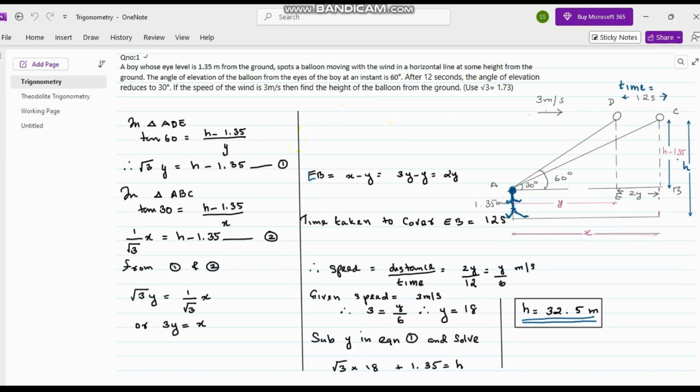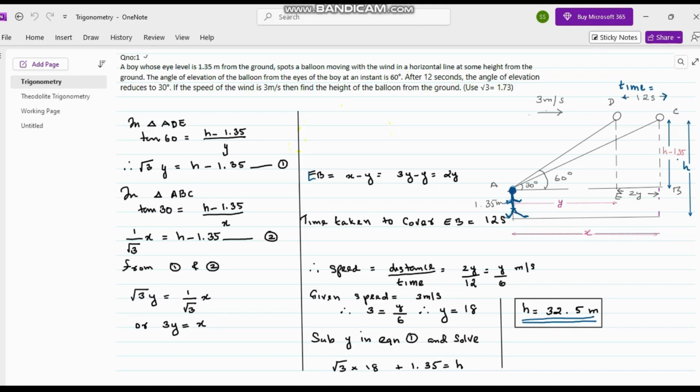We can see that the angle of elevation at the initial point is 60 degrees and at the final point is 30 degrees. So you can see that there are triangles ADE and ABC. First of all we are considering the triangle ADE and applying the trigonometric ratio tan 60. Tan 60 is opposite side by adjacent side. In the figure, DE is h minus 1.35 and the horizontal distance, let us assume it as y.